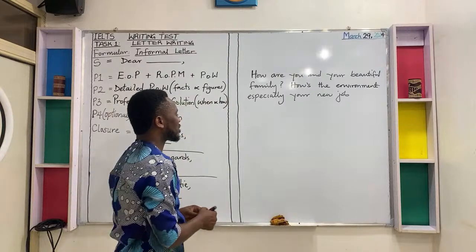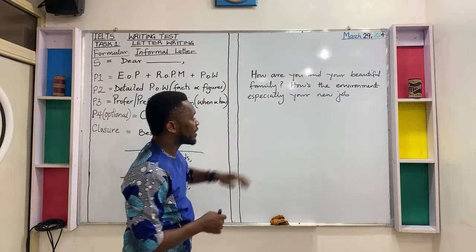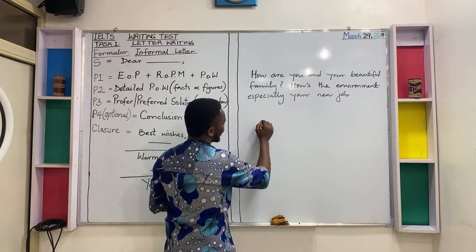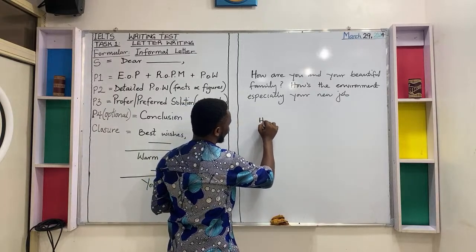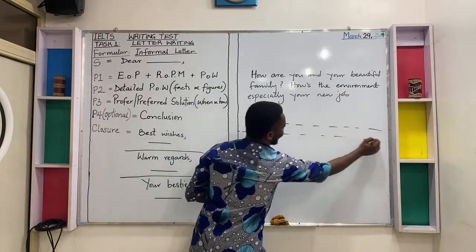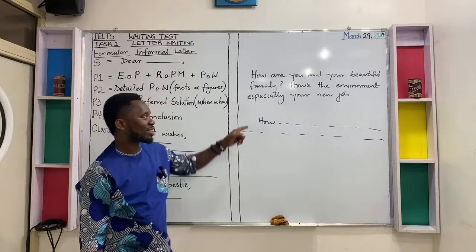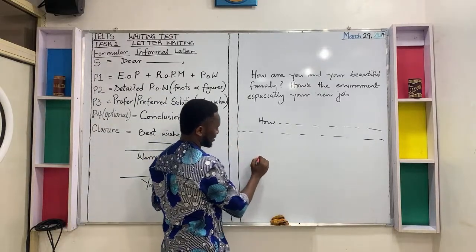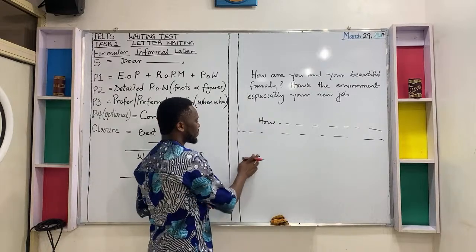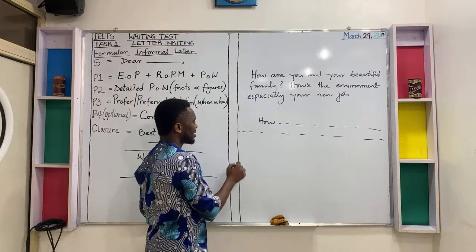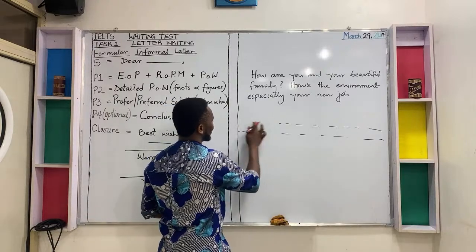If you want to apply the traditional method of paragraphing, that means you have to leave a margin and start from here. Then you come back here to continue. Right? This is traditional. Your second paragraph, you also begin here. Right? If you want to use the modern template of paragraphing, you start from here.